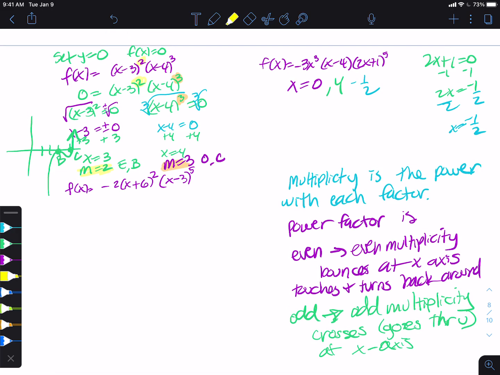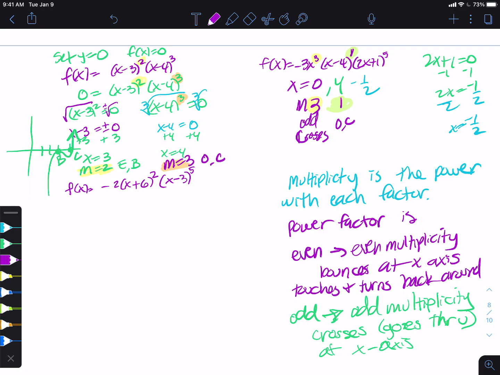For our multiplicity, this one comes from a power of 3, so our multiplicity is 3, so it's odd and crosses. If we look at this power, this is an unsaid 1. So its multiplicity is 1, so it's odd and it's crossing.